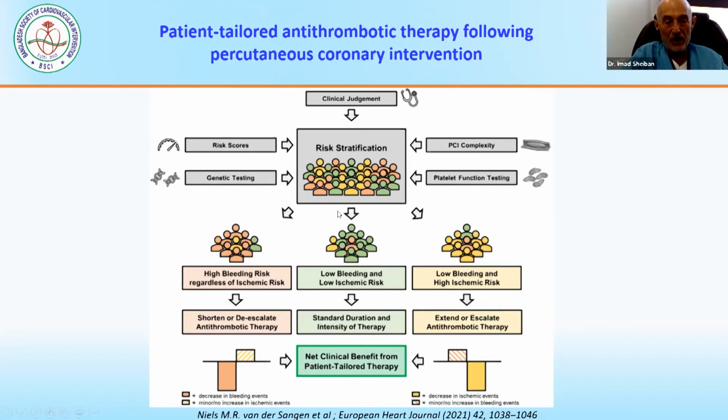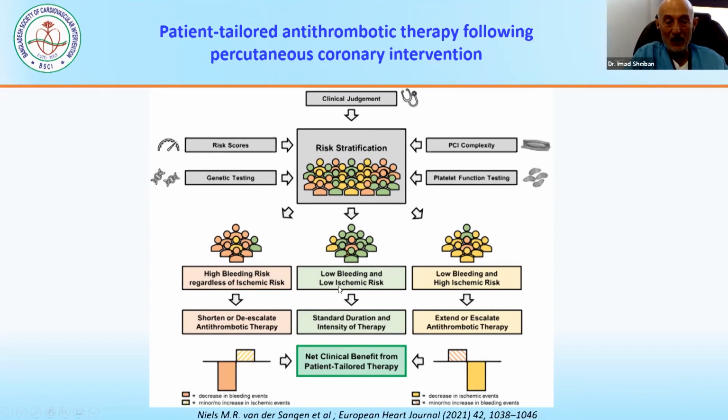After this, patients will be classified as high bleeding risk, low bleeding risk with high ischemic risk, as well as low bleeding risk with low ischemic risk.